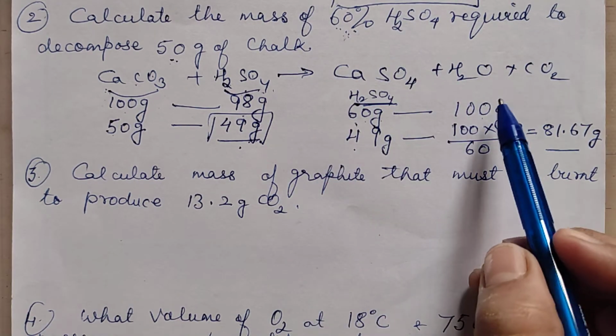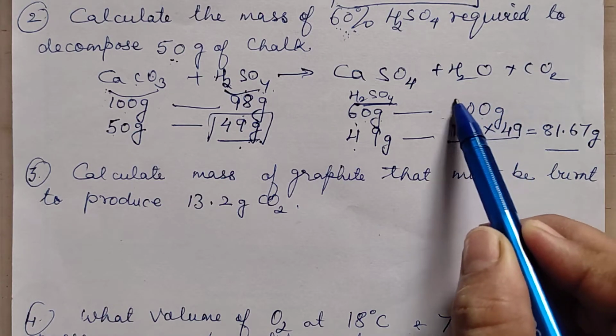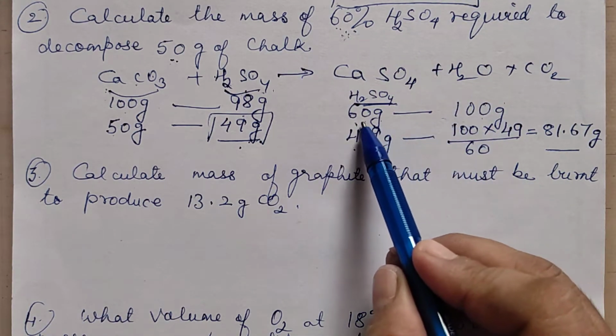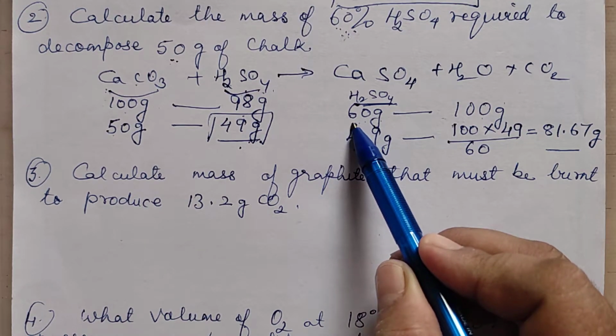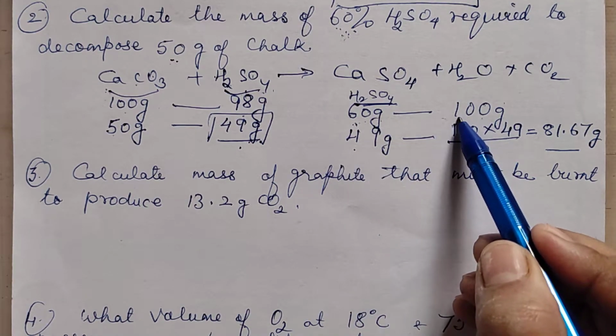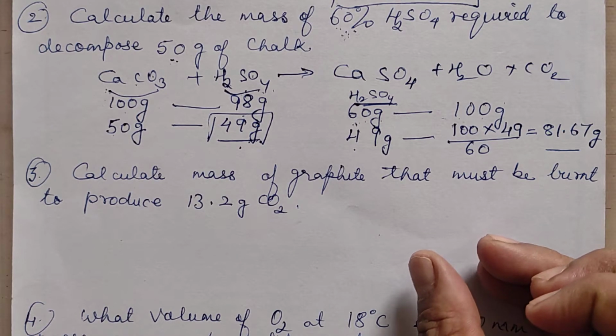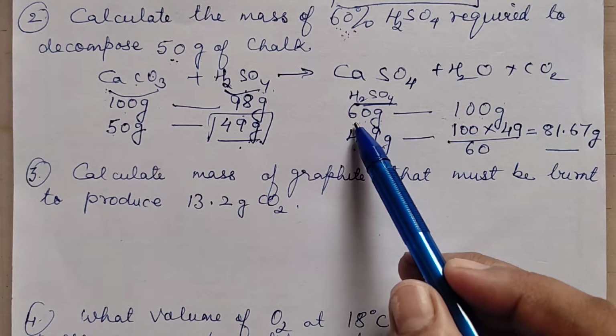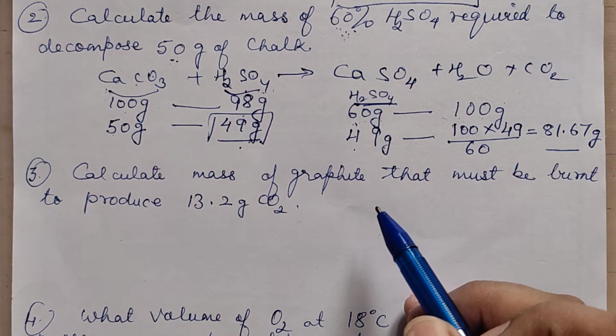60% pure means if you have 100 grams of sulfuric acid, since it is 60% pure, you are having only 60 grams sulfuric acid, right?